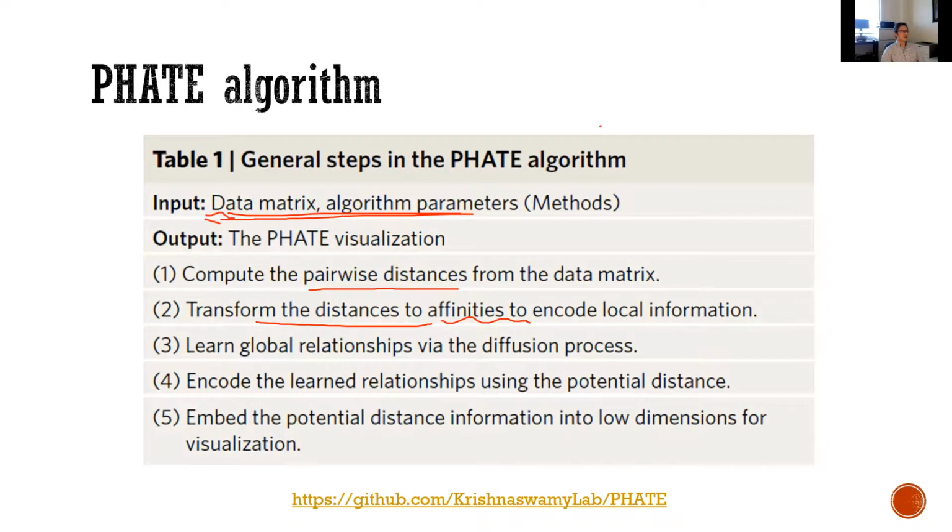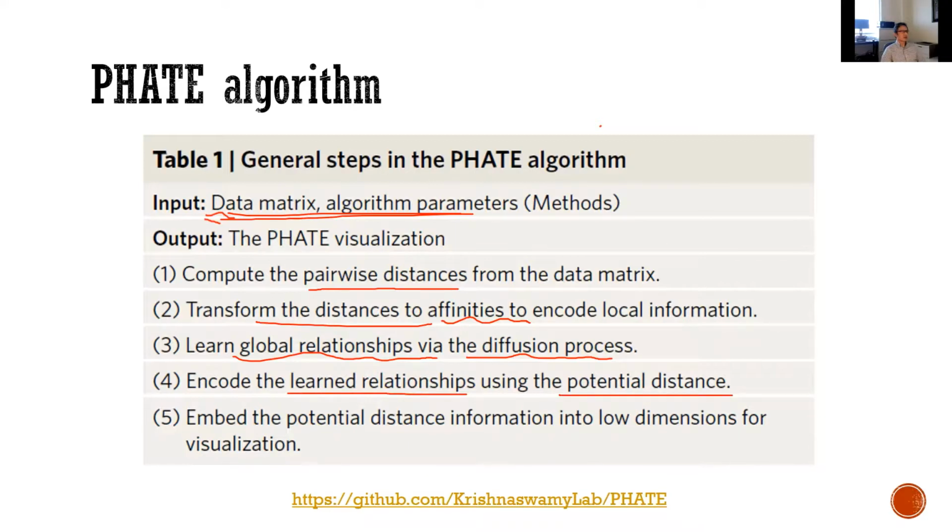The kernel method will define the affinity, and learn the global relationship using the diffusion process, so the KNN is involved here, and then from this relationship, you transform the distance again.